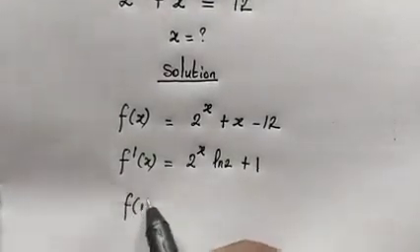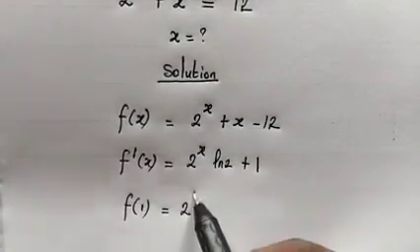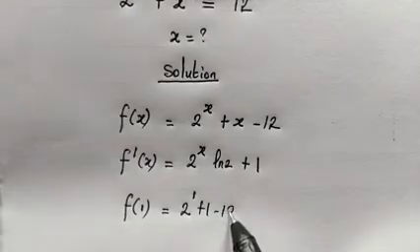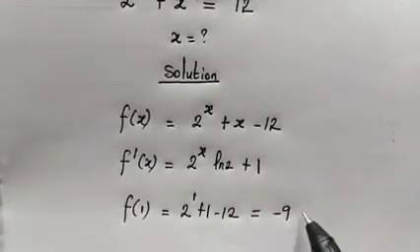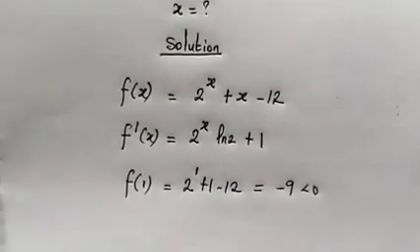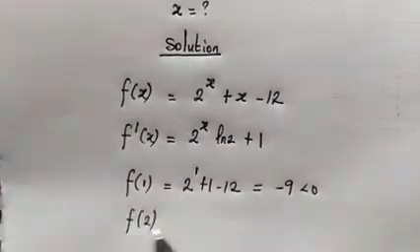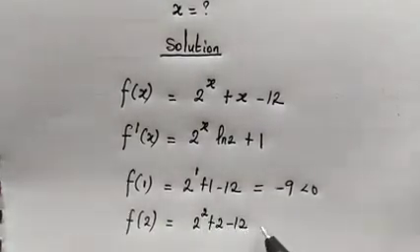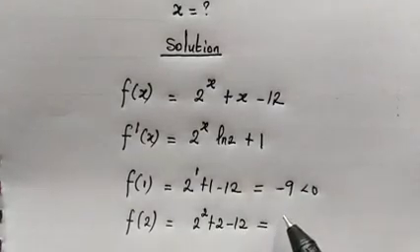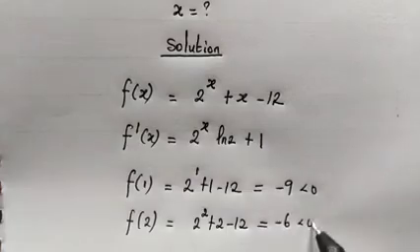Now let us check out the following points. Let us compute f of 1, which is equal to 2 to the power of 1 plus 1 minus 12. So this is giving us negative 9, which is less than 0. So f of 2 is 2 to the power of 2 plus 2 minus 12, which is negative 6, less than 0.